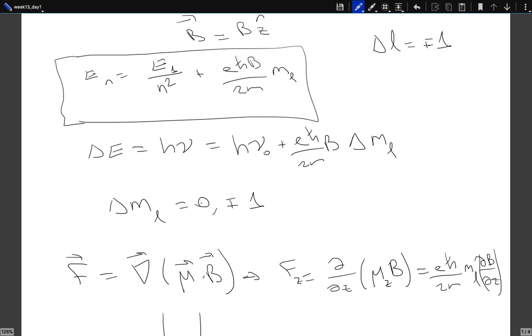Other questions? Why? Well, you see, as I said, the spin of the electron tells us that the electron has a direction.